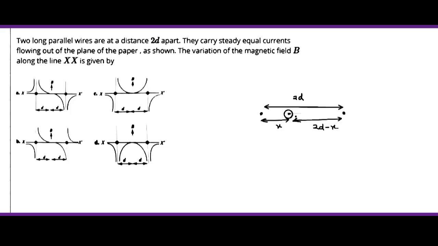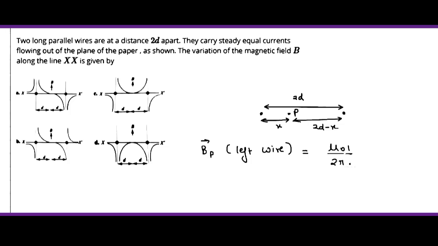So the magnetic field at this point P due to the left wire can be written as mu 0 I by 2 pi r, since the wire is very long, an infinite length wire.